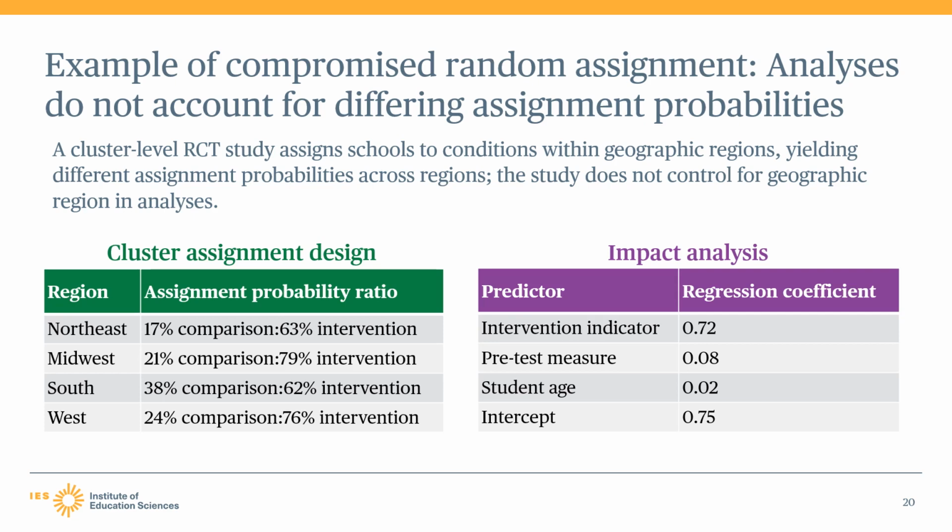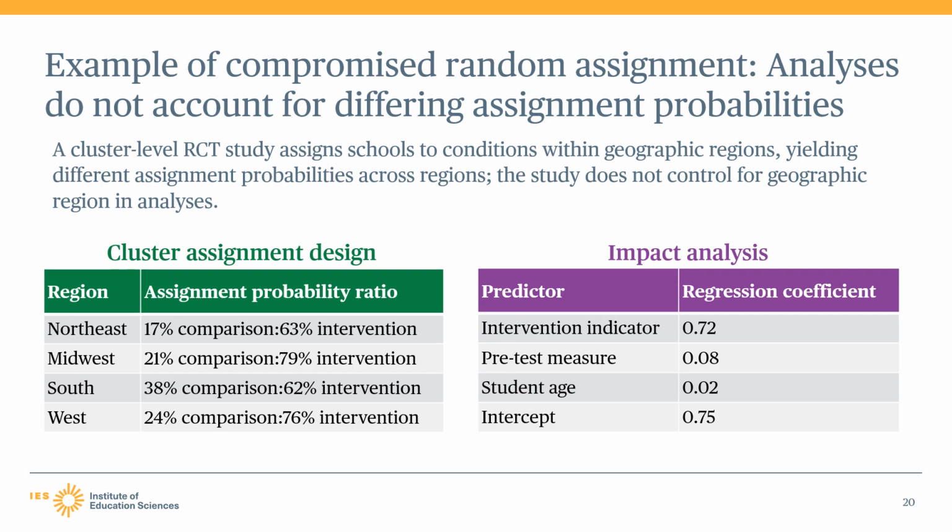The researchers use different assignment probabilities to conditions across the regions. For instance, let's say that schools in the Northeast were assigned to the intervention at a 17:63 ratio, those in the Midwest at a 21:79 ratio, those in the South at a 38:62 ratio, and those in the West at a 24:76 ratio.